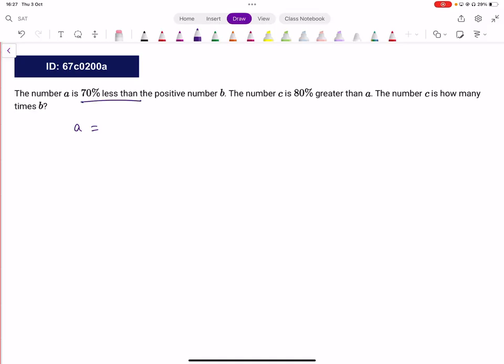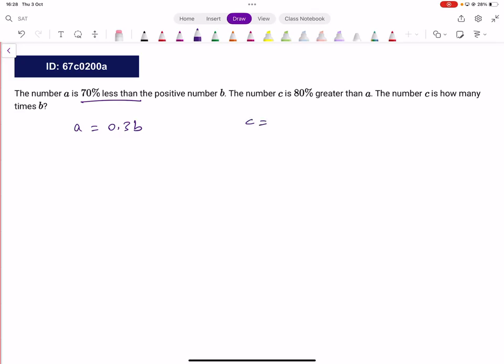What's that? It's not 0.7 times B, it's going to be 0.3 times B. 70% less, 100% minus 70%, that's 30%. So that's 0.3B.